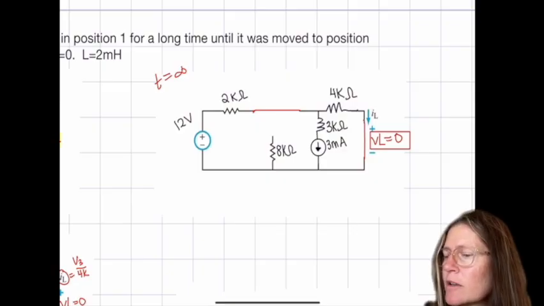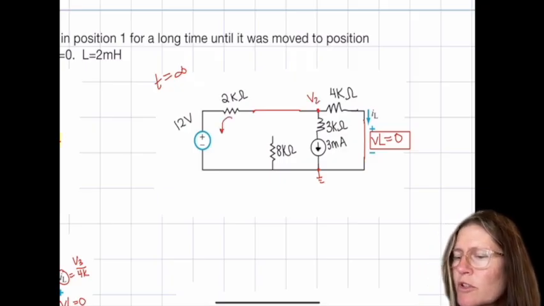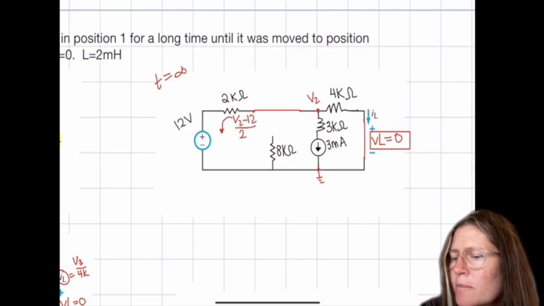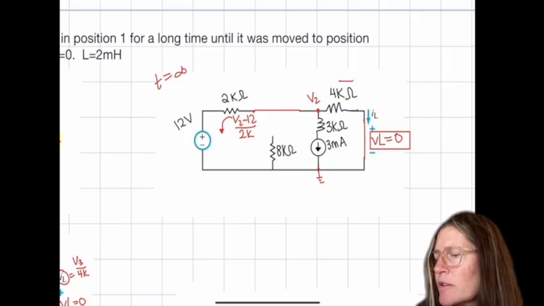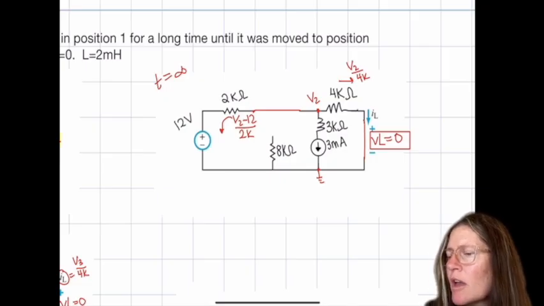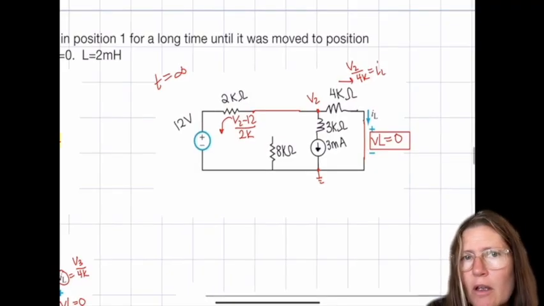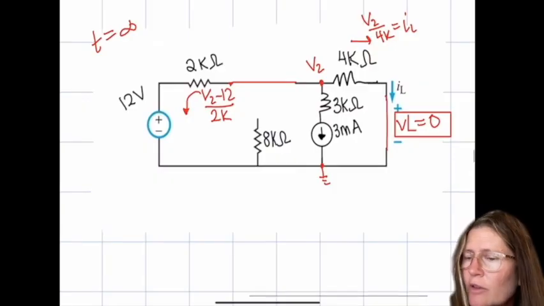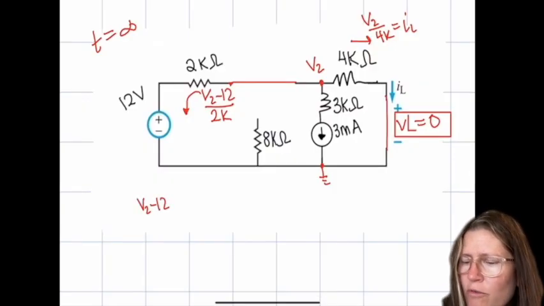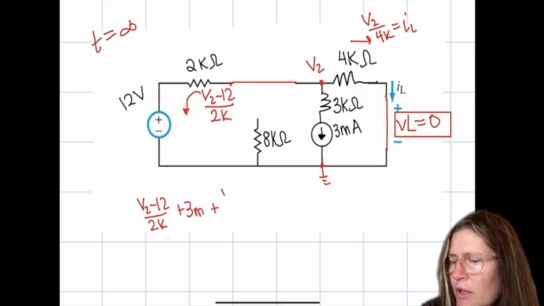For IL, again, we'll define this. Let's call it V2 this time. So this will be (V2 - 12)/2k, 3 milli is already defined, and in this one it's going to be V2/4k, and that will also equal IL. And so we have (V2 - 12)/2k + 3 milli + V2/4k = 0.